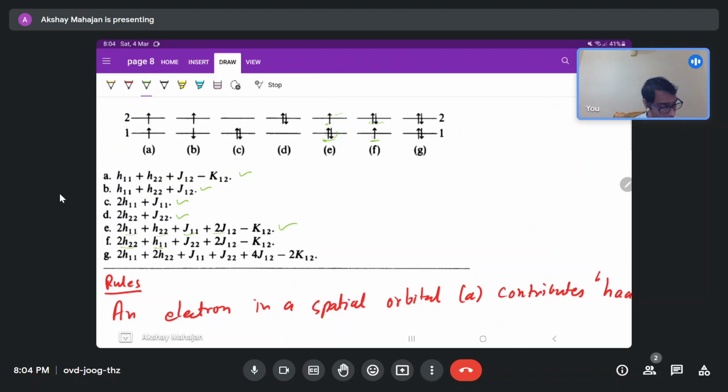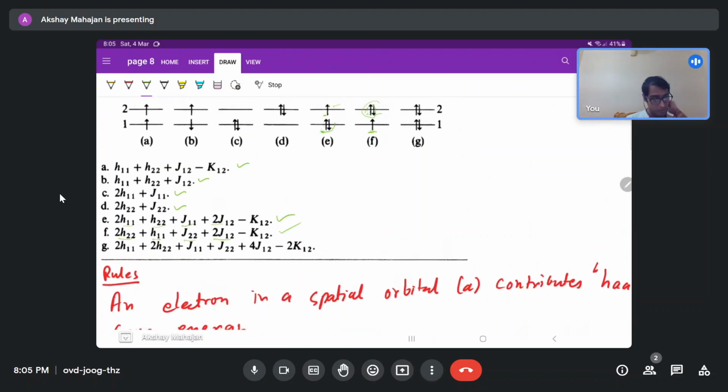Now from this electron and these electrons, we get 2 J12, and then from these 2 electrons we get 1 J22. Then we check the parallel spins. We have parallel spins, so we get a minus K12. So this is also correct.